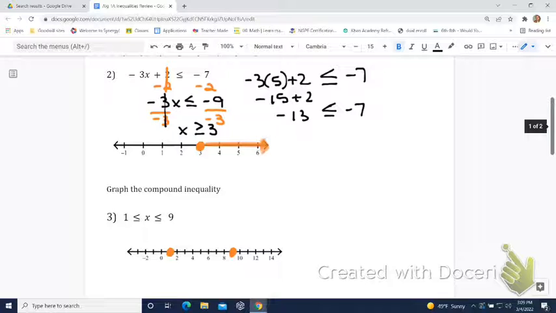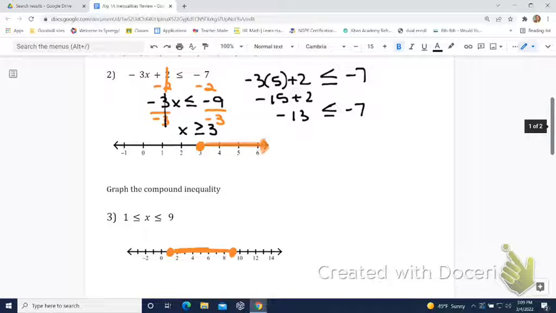Notice that x is between the two numbers. If we read this, we would say 1 is less than or equal to x, which is less than or equal to 9, which means x is between 1 and 9, and we would say inclusive. 1 and 9 are included, that's why we have the equal lines.